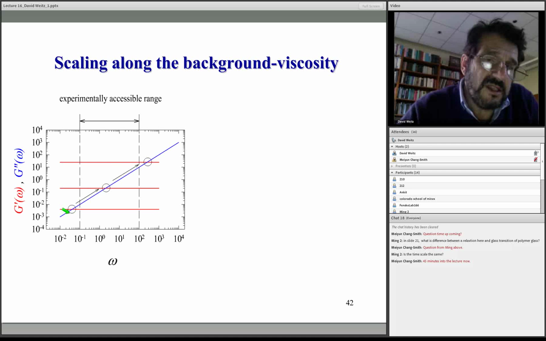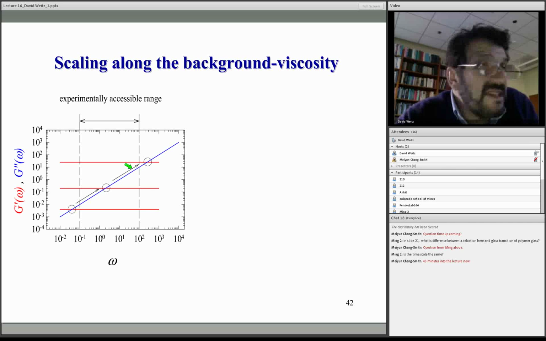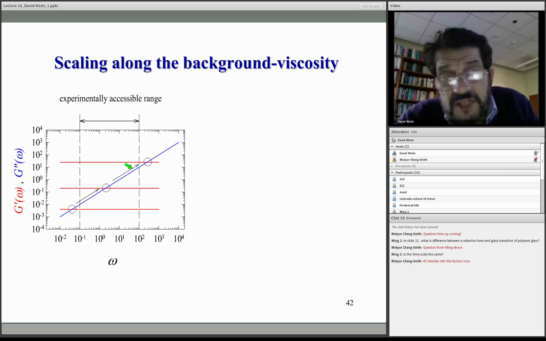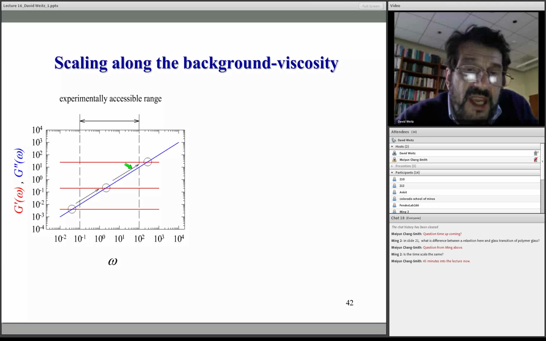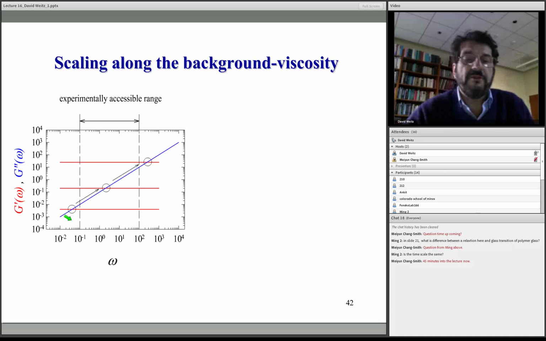So at different concentrations, the loss modulus, the viscous contribution, is always going to be the same. Since you're predominantly made up of the fluid, and the fraction of fluid doesn't really change very much, it might change from 95% to 85%, it's really not a big change. So I just assume that this is more or less independent of concentration. But the elastic modulus changes rather dramatically.